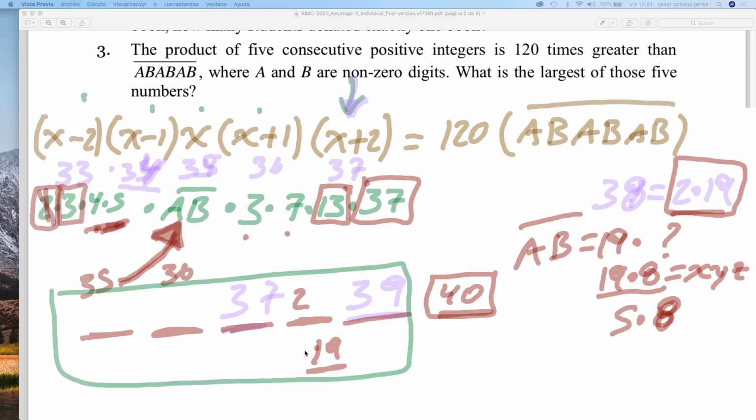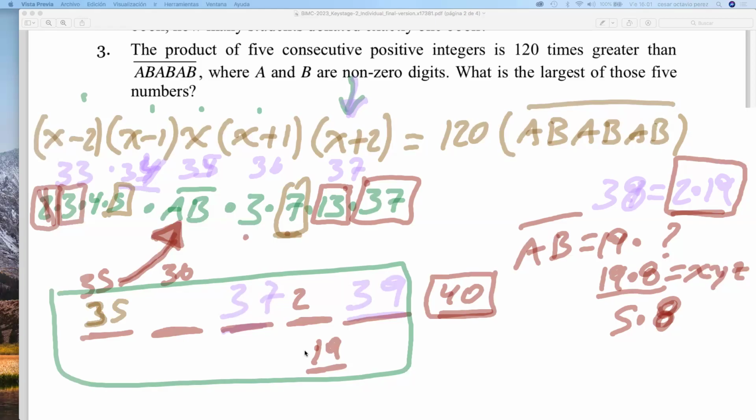35. 35 is 7 times 5. We can construct a 35. There is 6. This must be 4 por 9. Ah, 3 times 12, that's 4 times 3 times 2.